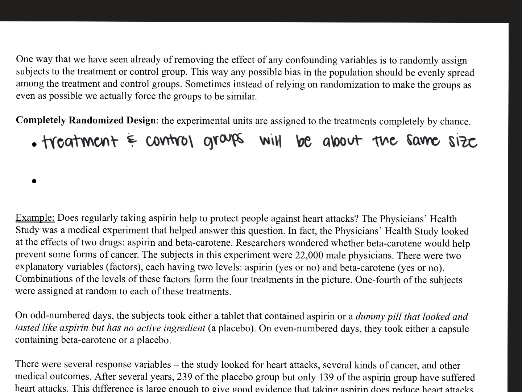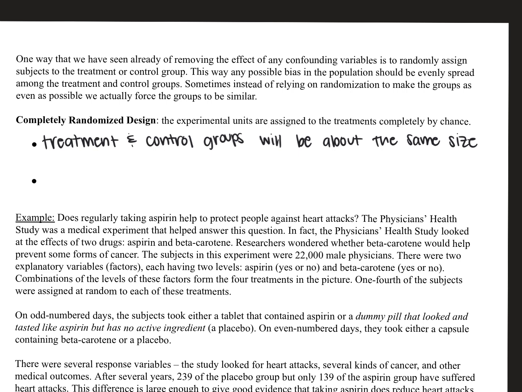Especially if you have an even number in your population, then they should be the same size. Or they might differ by like 1 or 2 people, but you don't want one group to have 400 and another group to have like 100. Those wouldn't be about the same.